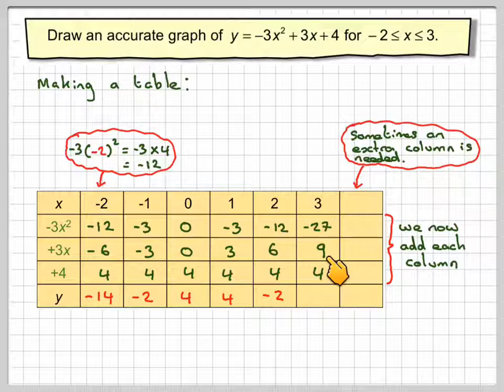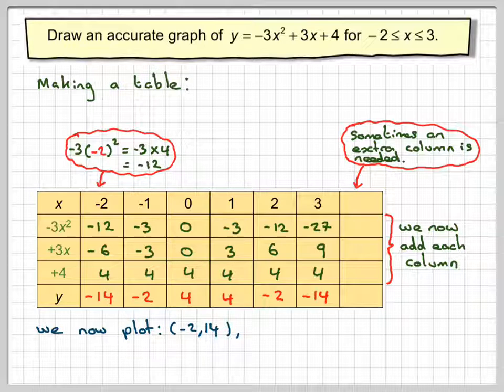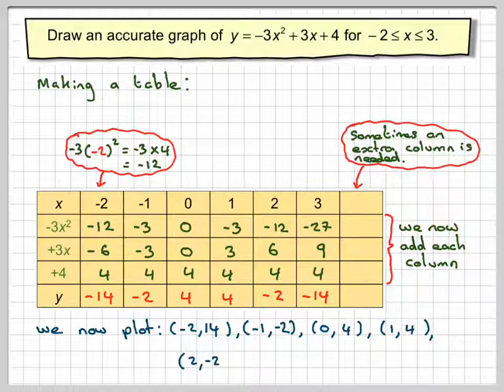Minus 27 plus 9 plus 4 is going to make minus 14. And then we'll talk about this later. And then we will now plot minus 2 and minus 14, minus 1 and minus 2, 0 and 4, 1 and 4, 2 and minus 2, and then 3 and minus 14.